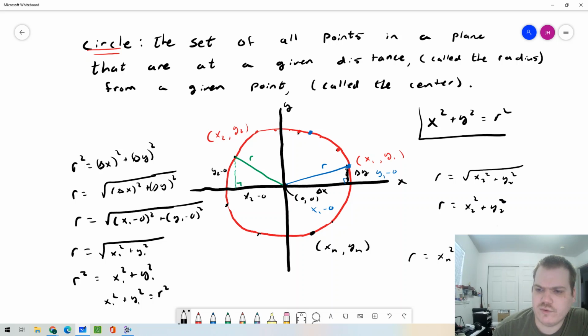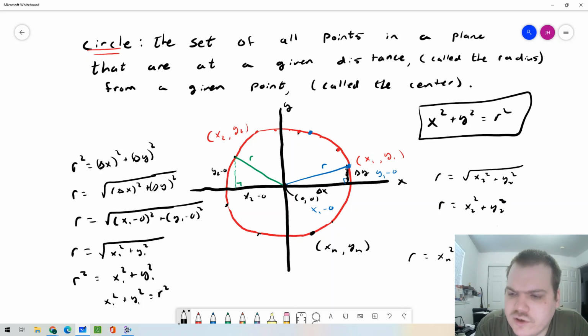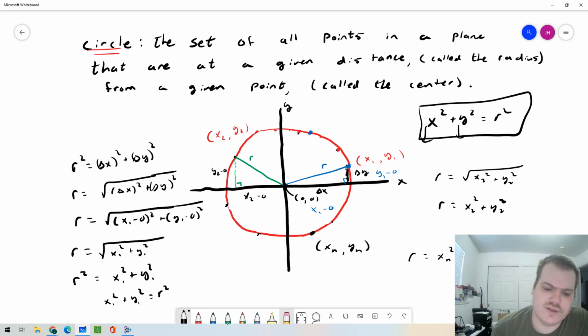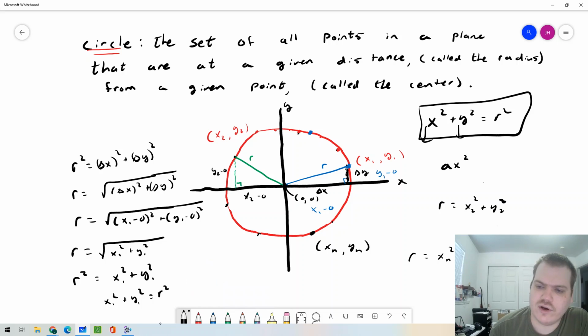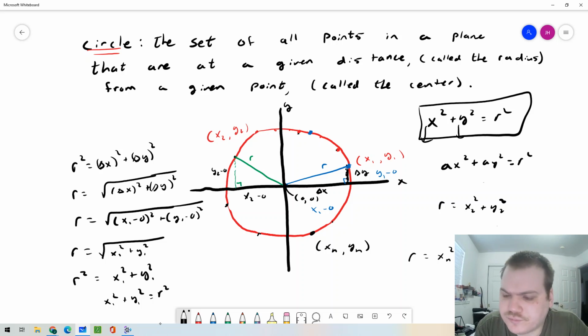Now you may have seen this before. This is the standard equation of a circle. Do note that the coefficients of the x and the y are both the same. If it's 0, 0, then it's at the origin. But what if it's not 0, 0? We're going to look at that in the next video. But I'm going to expand this generally to be a x squared plus a y squared is equal to r squared, where a is any real number.